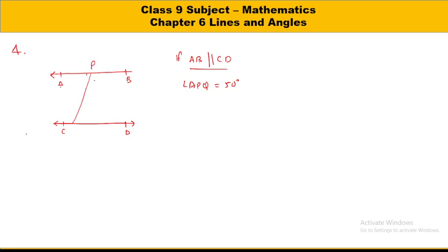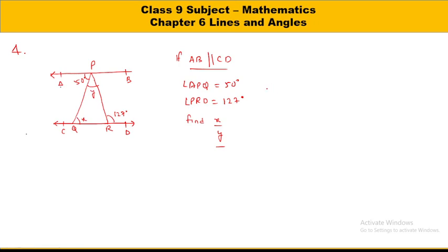Here it is P and here it is Q. Angle APQ is given as 50 degree. PRD is given as 127 degree. Find angle X and angle Y. This angle is angle X and this angle is angle Y.